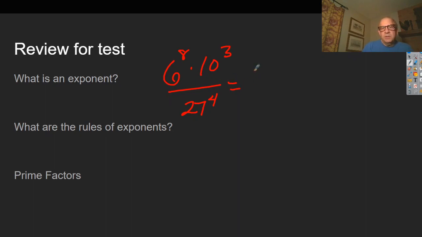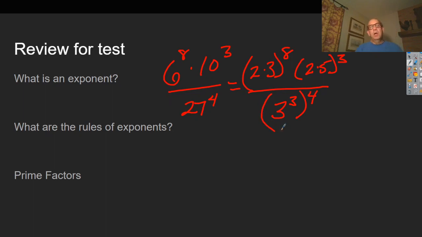So 6 to the 8th is 2 times 3 to the 8th power. And then 10 to the 3rd is 2 times 5 to the 3rd power. And then the prime factorization of 27 is 3 times 3 times 3. So that's 3 to the 3rd to the 4th power, right?